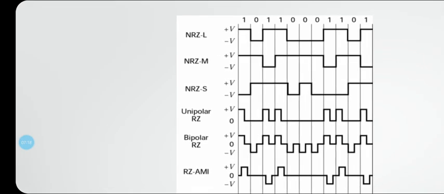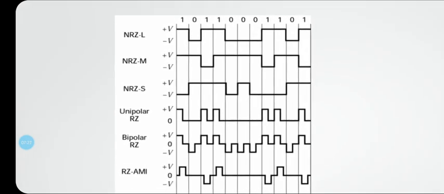For the first bit, it takes a positive value, or one voltage level, and binary 0 is represented by another voltage level, which means it makes a transition from plus V to minus V, and again for the next one it moves from minus V to plus V, and then we have one more 1, where the positive voltage is maintained as it is. So a binary 1 is represented by one voltage level, either a positive voltage level or a negative voltage level.